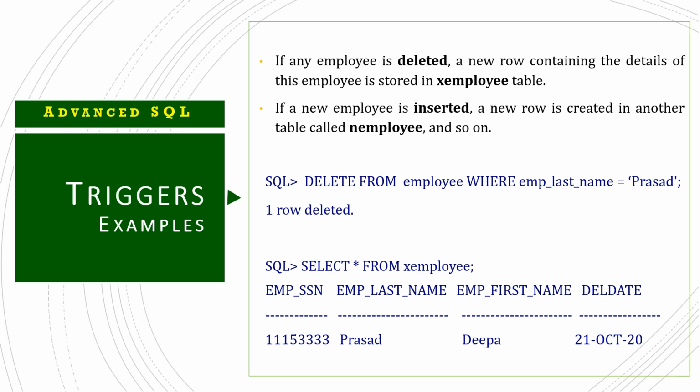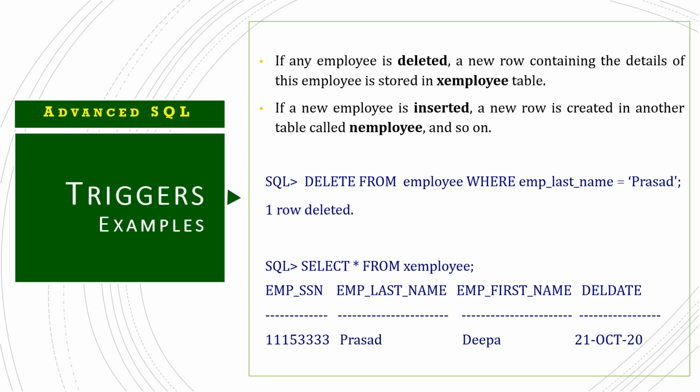Now let's look into that. Delete from employee where employee last name is equal to Prasad. So we are giving a delete command, and one row gets deleted. What happens when we perform a DML operation is that the corresponding action needs to be taken. If you are deleting, those details should be entered into the ex-employee table.